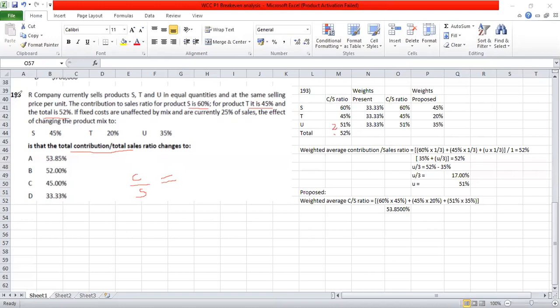But do we see any change in contribution or in sales? Nothing is mentioned about contribution, sales, or fixed cost. It is all about the weights which have changed. When the weights have changed, we calculate the weighted average contribution by sales ratio, the total amount. That's it.